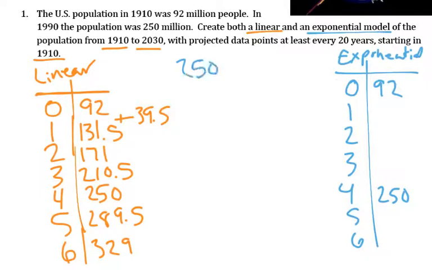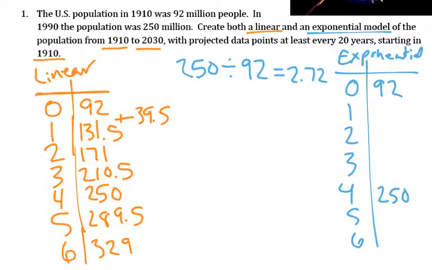So for the geometric mean, 250 divided by 92 gives us 2.71739. So we're going to round to 2.72, to the nearest hundredth.